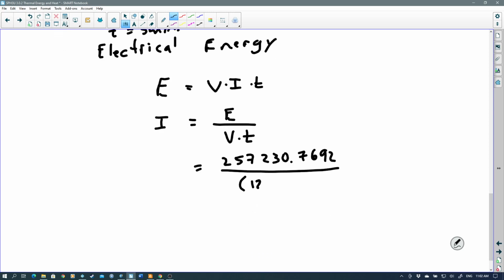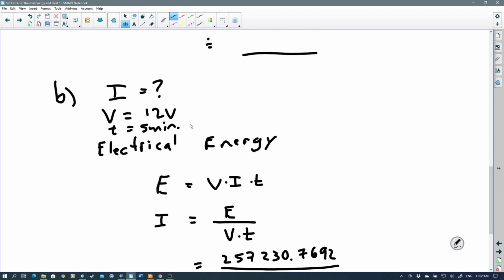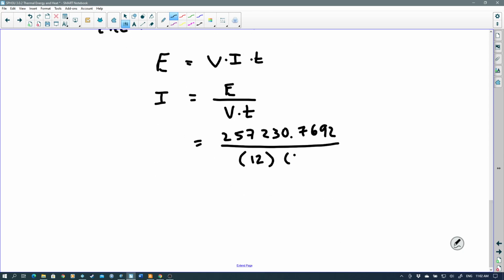Now the voltage is 12 volts, which is perfect, but our time is in minutes. So we need to calculate what that time is in seconds, because we are working in the MKS realm here. So we're going to do 5 times 60, which is 300 seconds. And our final answer is going to be in amps.